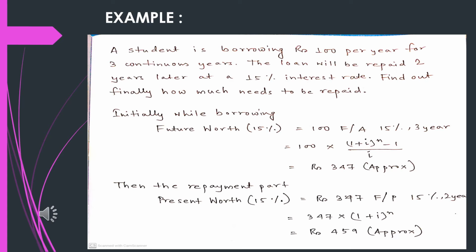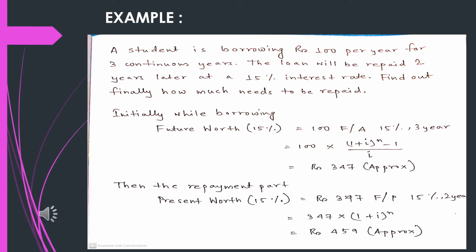So if that 347 denotes the starting point of that cash flow, we can assume that 347 is our present value, and the value that the student needs to pay after 2 years will be taken as the future value.